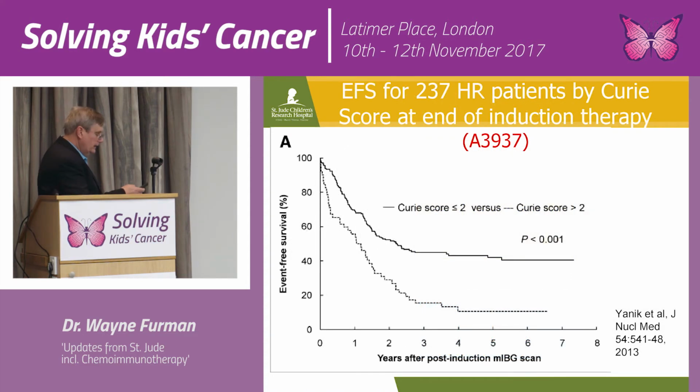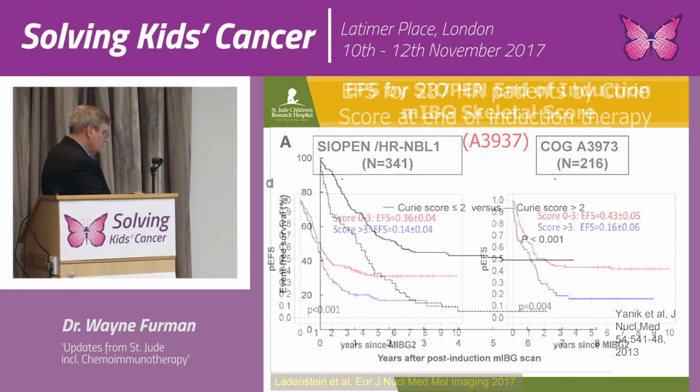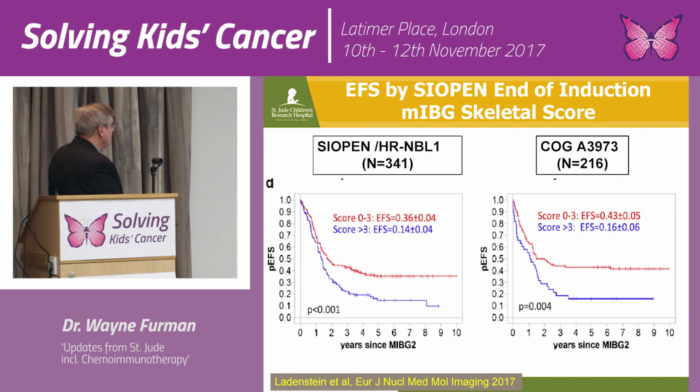But the bottom line is if you have in the US what we call a Curie score less than or equal to 2, those patients at the end of induction, so in the COG, that's after 6 courses, they do much better. And the SIOPEN, Dr. Ladenstein just published a paper just recently doing a very similar thing both with the COG cohort and a SIOPEN high-risk group. And again, the patients who had less than 3 spots did much better.